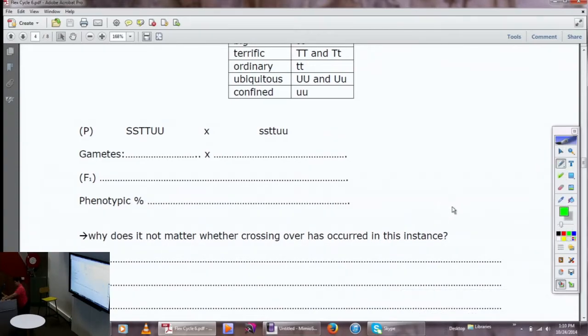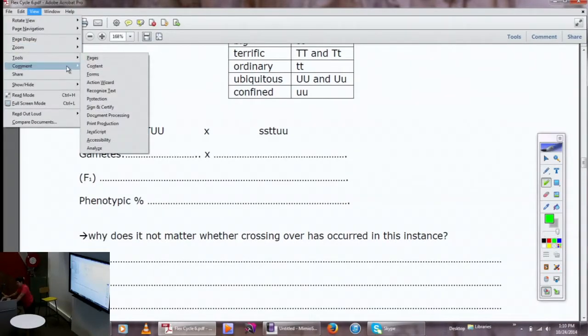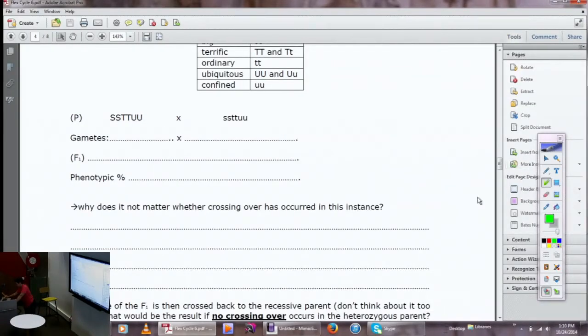There are days when technology won't cooperate with me. I was going to be able to write all over this for you and now I can't. One second, talk amongst yourselves.